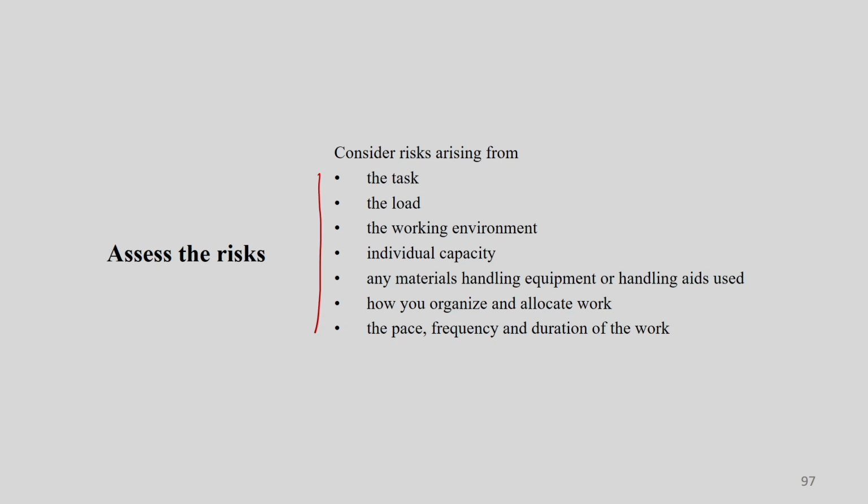You have to find it out and assess it. It may happen that only one factor is present, maybe only the task, or only the load, or something related only to the work environment, or only the individual capacity, where the person himself or herself is not in a position to do the job, however another person definitely can, so work rotation.